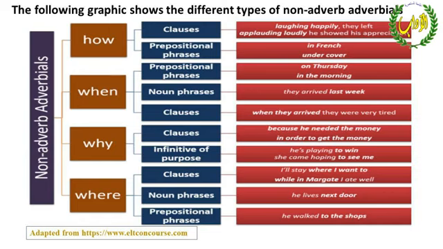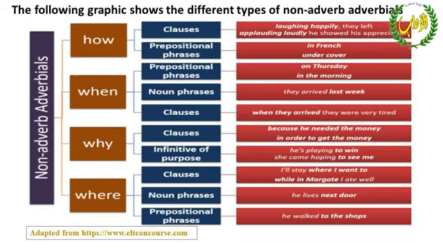For how, for example, we have clauses like laughingly, happily, applauding loudly, or prepositional phrases like in French, undercover. When, as in prepositional phrases: on Thursday, in the morning. Noun phrases, as in they arrived last week.